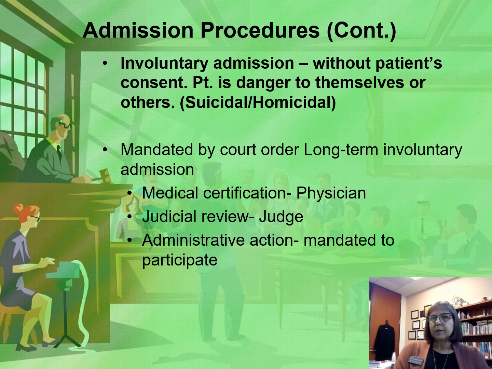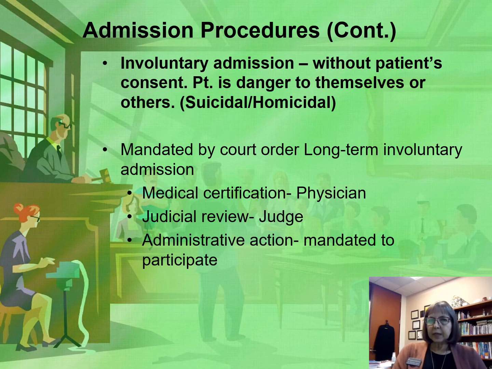An involuntary admission is, again, kind of self-explanatory, it's involuntary. It's without the patient's consent. There are only two people that can actually sign a person in a hospital on involuntary admission. It's a physician who signs a consent order or a judge who signs a consent order. And the patient must be a danger to themselves or others in this type of admission, suicidal or homicidal.